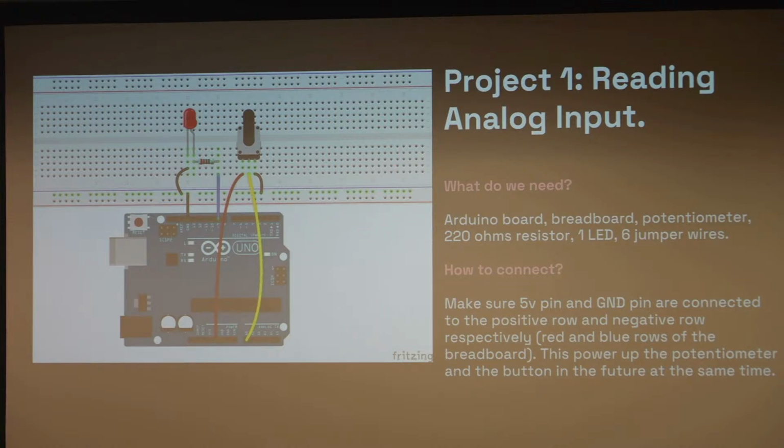For example, you have two legs on one side and one leg on the other side. Make sure the one that is feeding this is here, and the other two are here. That should work, but it's going to be different from what you see in the diagram. Got it. Go for it.